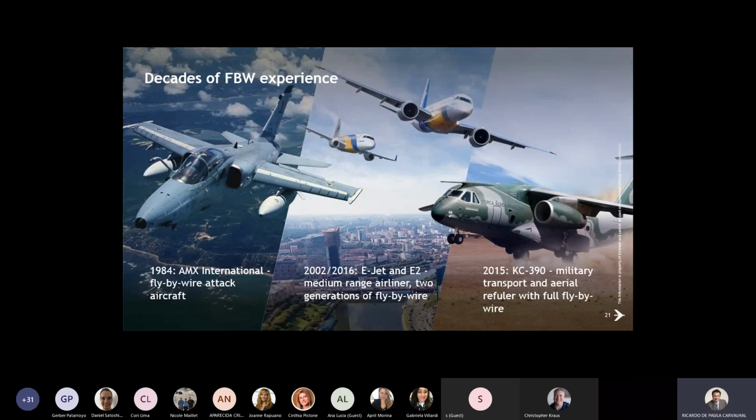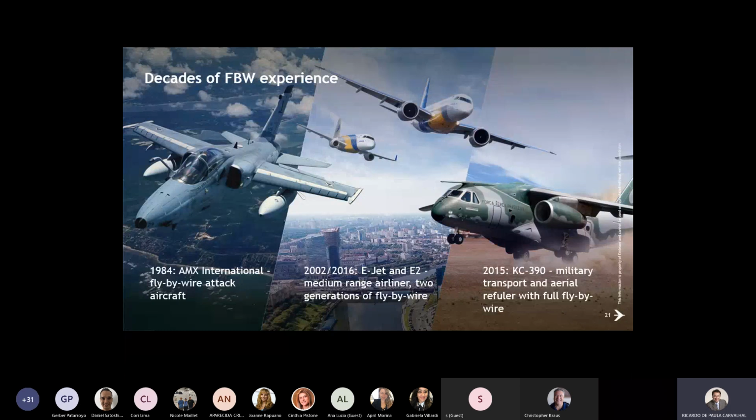When I have this kind of architecture, I'm able to put something in the middle, some intelligence like a computer, okay? And this augments the pilot's ability in controlling the airplane and gives a great help in critical and emergency scenarios. Embraer is the business aviation manufacturer that has mastered this technology for the longest time.